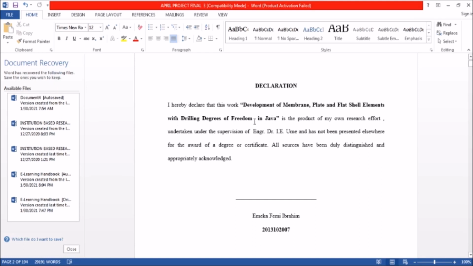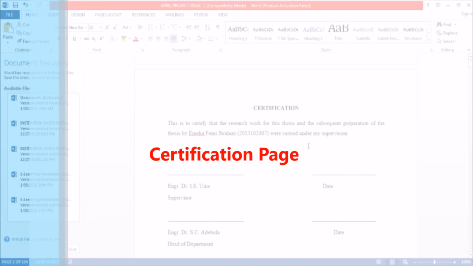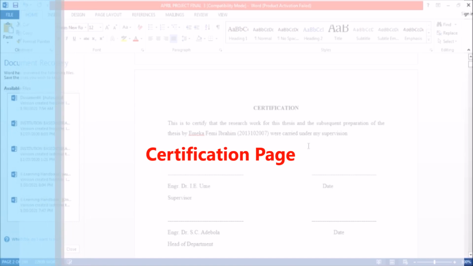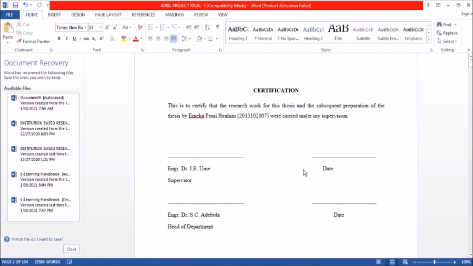So next, what we need to look at is the certification page. Under the certification page, it will contain a certification from the people who will sign this page.